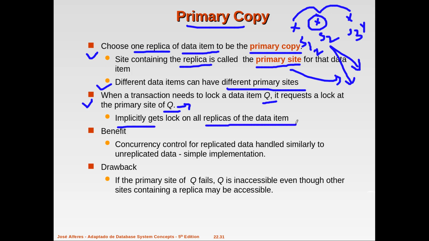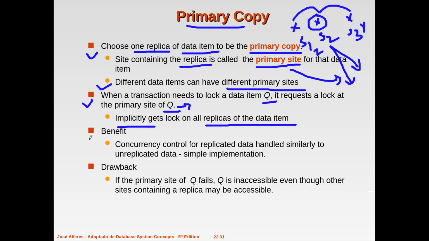So after granting that lock, it will get the lock on all the replicas present in all the sites. For every item, it will send the lock request to the corresponding primary site, and after getting the grant on that lock, the information will be sent to all the replicas that the lock is being granted.